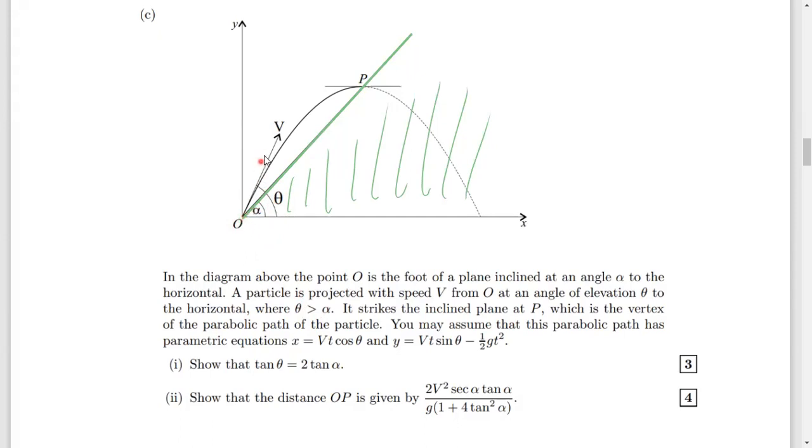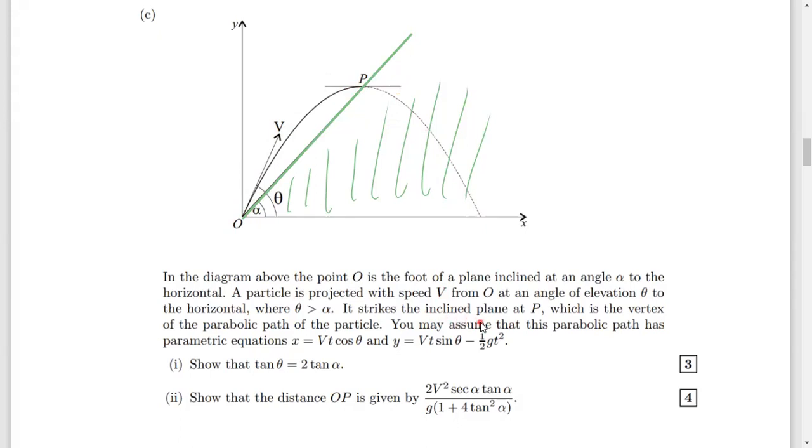So you're going above the ground and then landing at some point. It strikes the inclined plane at P, which is the vertex of the parabolic path. So if it's the vertex of the parabolic path, that means this is the max height of the projectile motion. And it also means that it has no vertical velocity, and it will simply be horizontal, as they've kindly drawn in there.